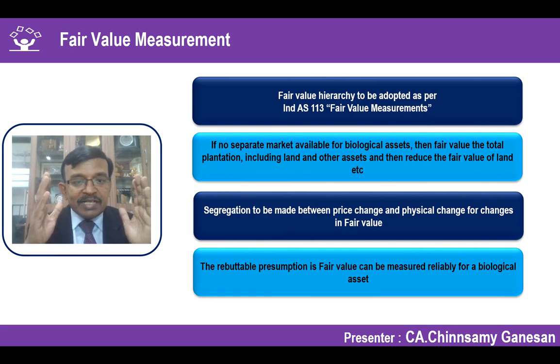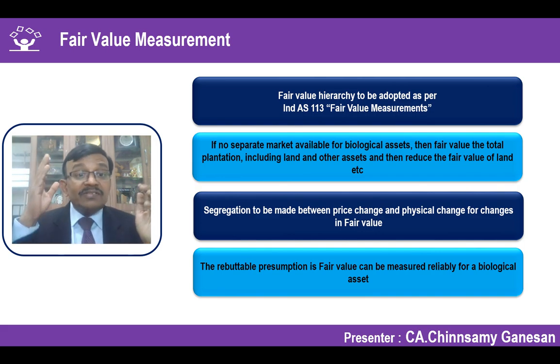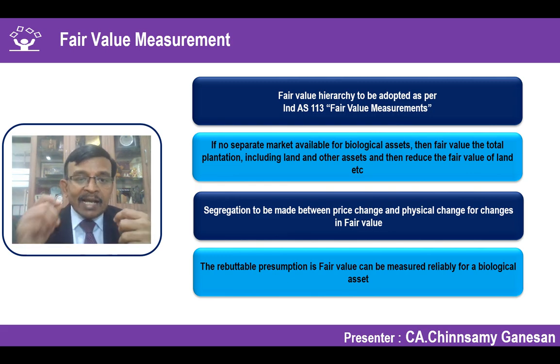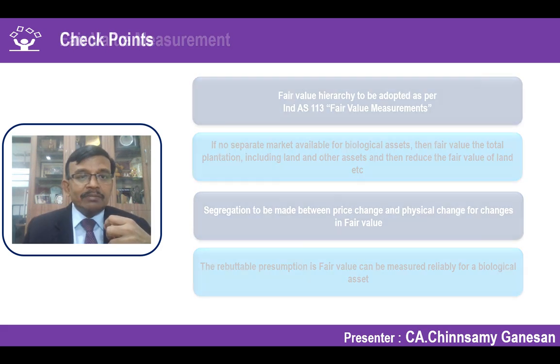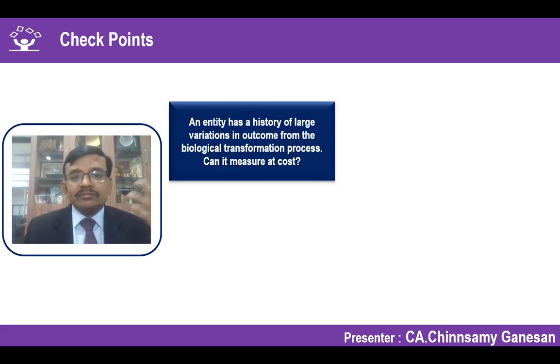This is the way in which the industries try to argue, but it has been negated by ASB and the Ministry of Corporate Affairs, and they have said it is a rebuttable presumption. You have to say why, which is very difficult to prove. So valuation techniques have to be applied if you do not have an active market. That is an important aspect of fair value measurement here.